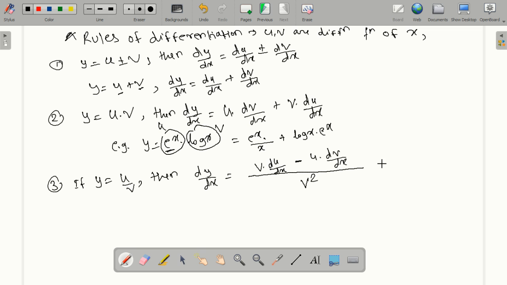Just notice that here v should not be equal to 0. Why? Because if v becomes 0, anything divided by 0 is undefined in mathematics, or indeterminate.